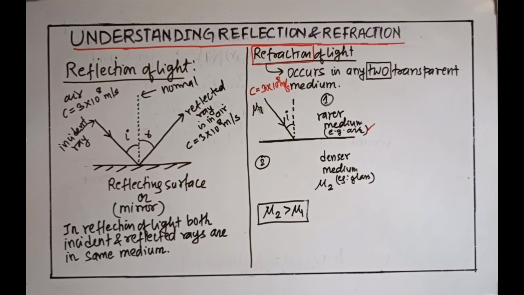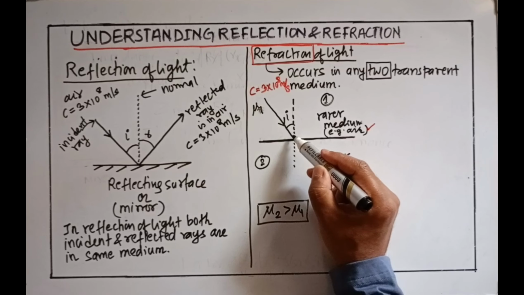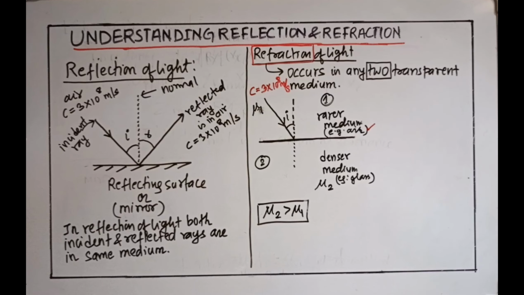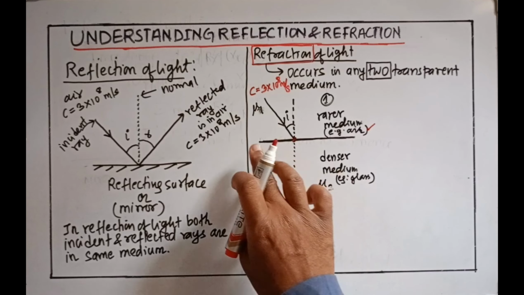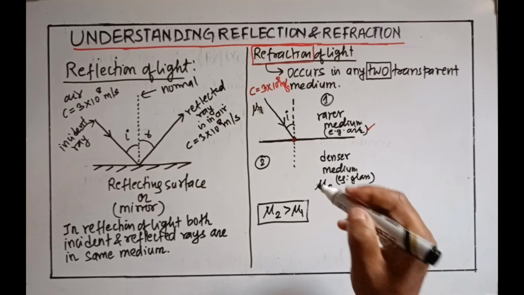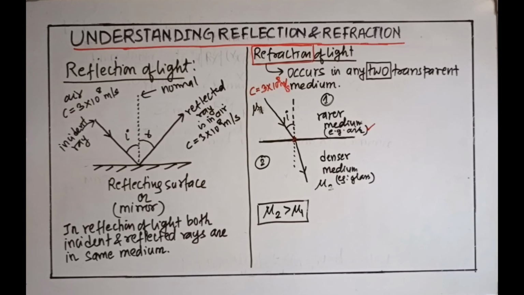Now the incident ray suffers refraction at this point, at this boundary, and we find it bends towards the normal.